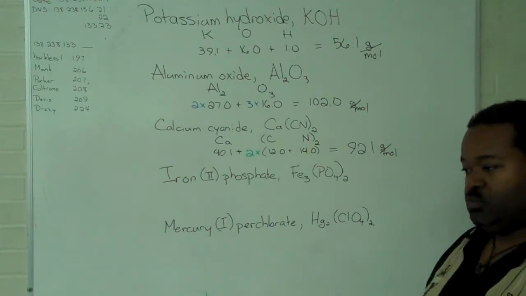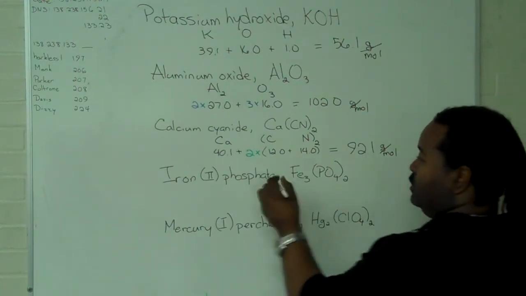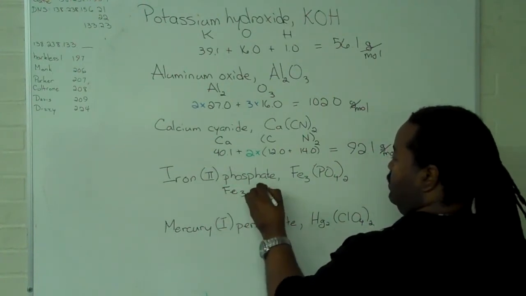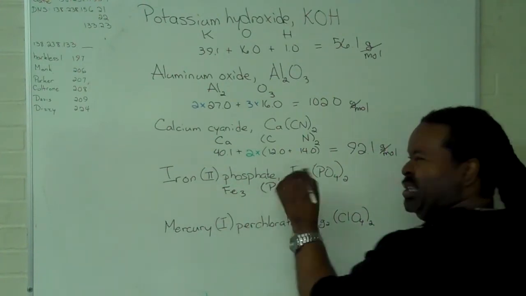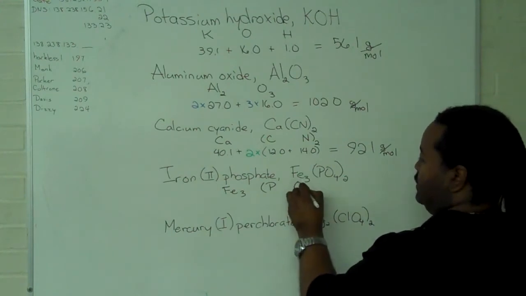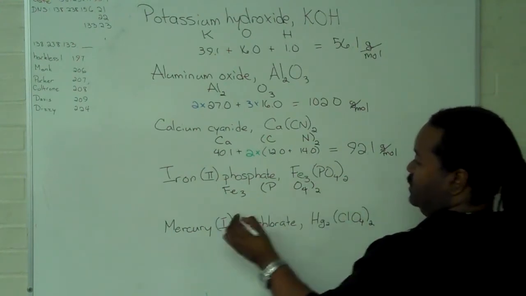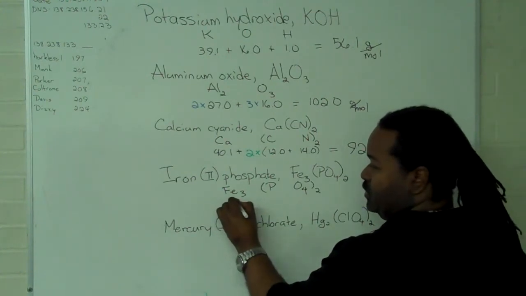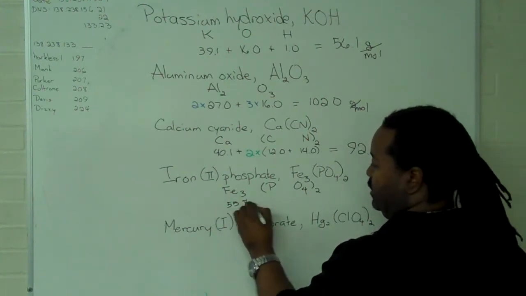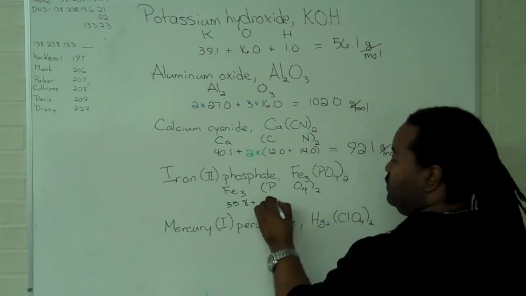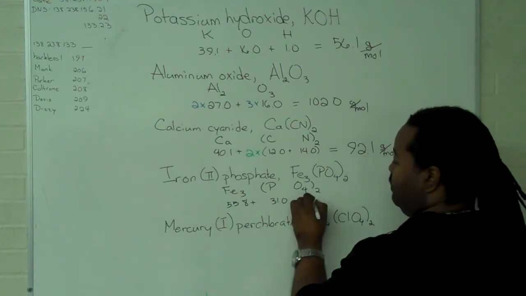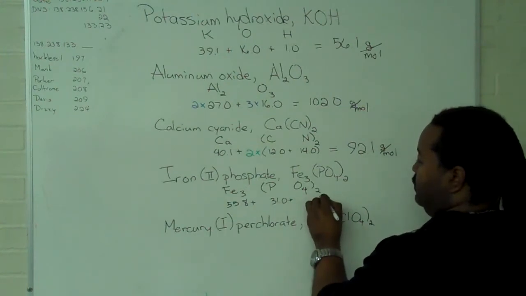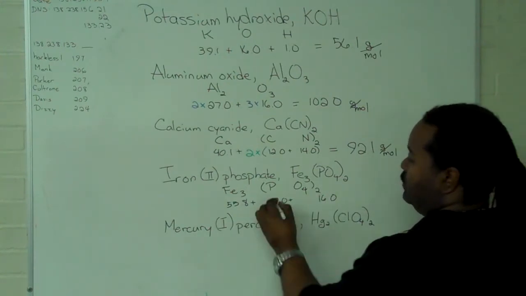Iron 2 phosphate, we follow all of the same rules as before. It may look more involved and possibly a little bit more intimidating, but realistically we already know all of the rules here. So we go to the periodic chart, we find that iron is going to give us 55.8 grams per mole. For phosphorus we have 31.0, and for oxygen we have 16.0.